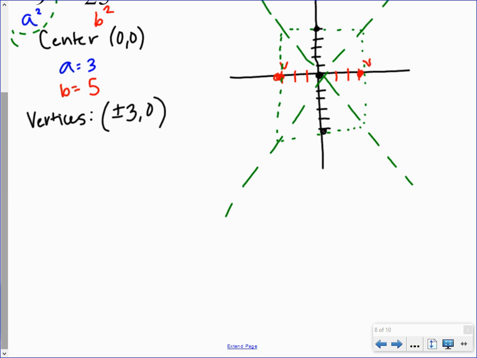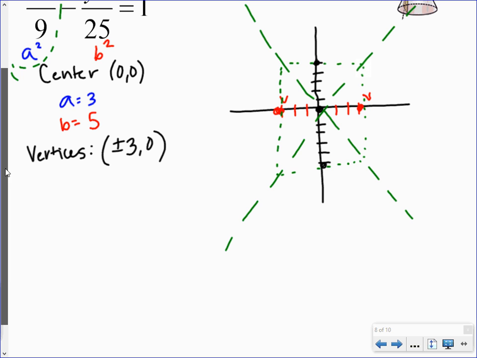I know that I want to label my asymptotes. I could use that then to get the point slope form for my asymptote. Remember, it will be y minus k, which is y minus 0, or just y, equals plus or minus, and then I've got to figure out, is it a over b or b over a? Am I going to memorize it? No, that's too much to know for every single conic section.